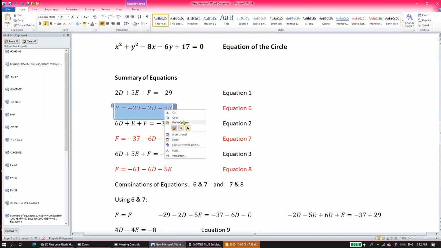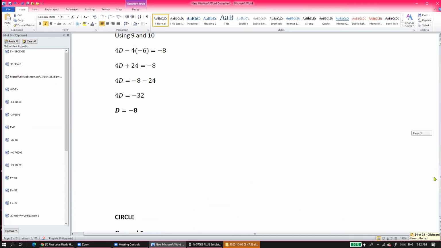So, i-adapt na lang natin yung equation 6 para mahanap yung value ng F. So, using equation 6 na lang. Anyway, kahit alin naman sa tatlong i-adapt natin, pare-pareho lang ang value ng F na mahanap natin.